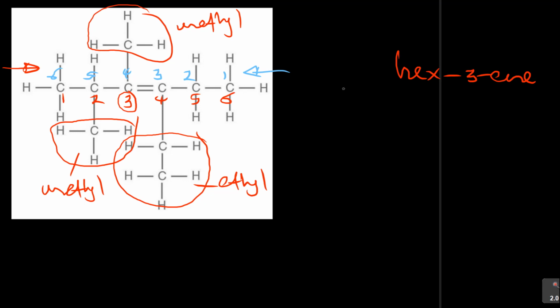But now look at the branches of this structure. Starting with ethyl, I have 4-ethyl, and then a hyphen.